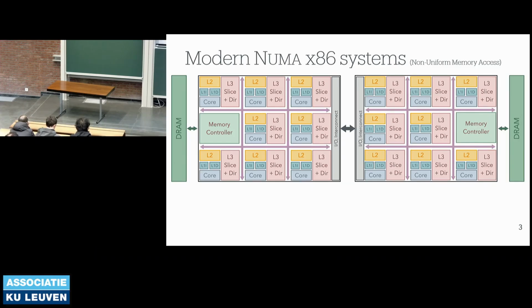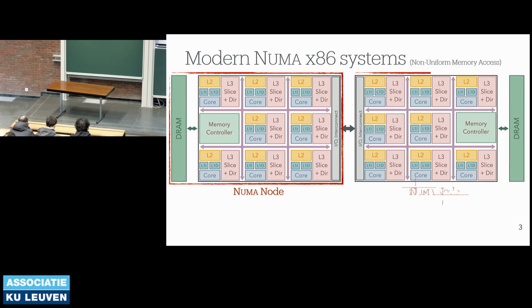Obviously, if you are a core on the left trying to access the left DRAM, it is faster than a core on the left trying to access the right DRAM. So the time you need to access memory is different, and we group the cores in our system with the memory controller into groups that we call NUMA nodes. They tell you which set of cores are closer to which memory controller, so you can schedule things cleverly to optimize latency or bandwidth.